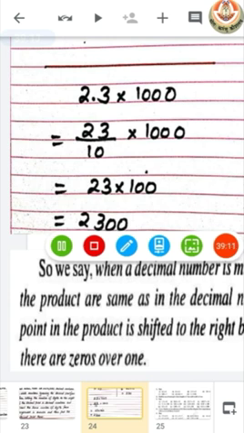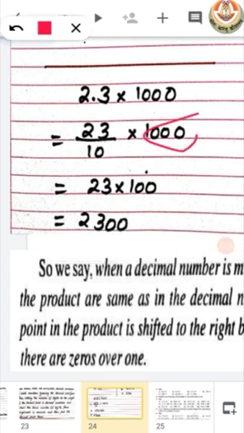For example, in 1000 we have 3 zeros with 1, so the decimal will shift 3 places to this side.